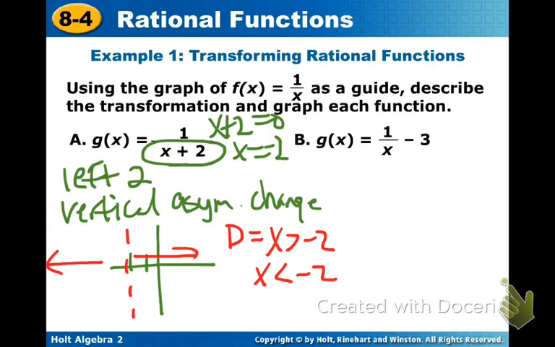Another way to write that, in interval notation, we would go from negative infinity to negative 2. I'm not going to include negative 2, so is that a bracket or a parenthesis? A parenthesis, and then union, and we would pick that back up, again with a parenthesis, and go to positive infinity.